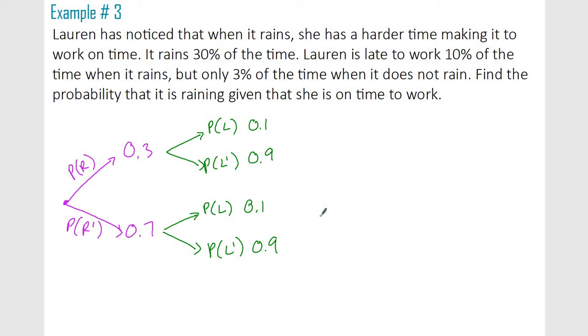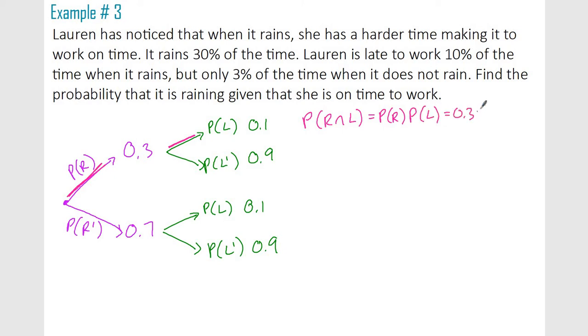So, fun little fact, when I go down the branches, when I follow this path and this path, the probability of it raining and being late is just the probability of rain times the probability of being late.